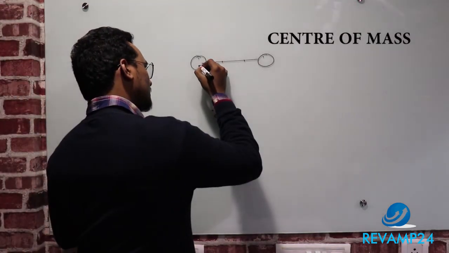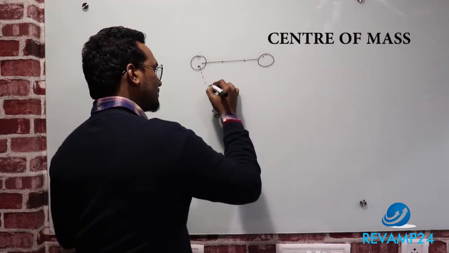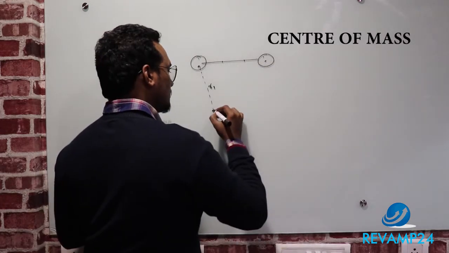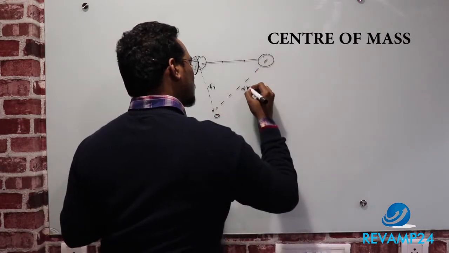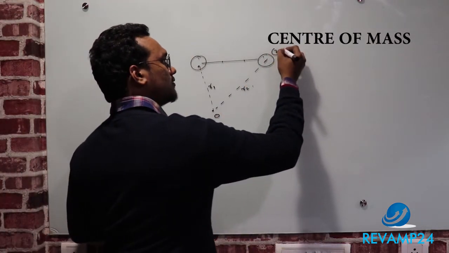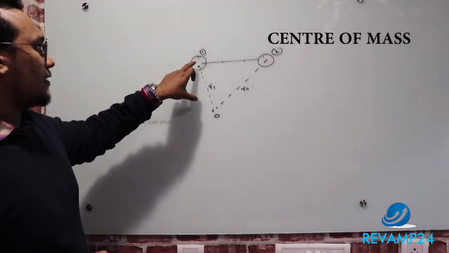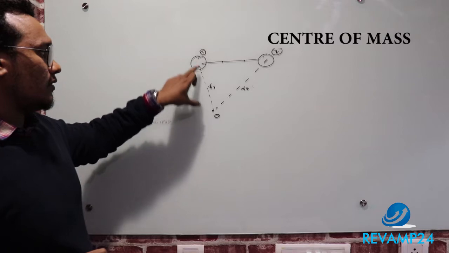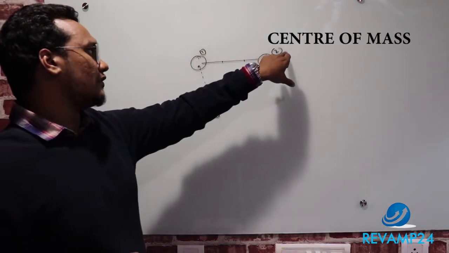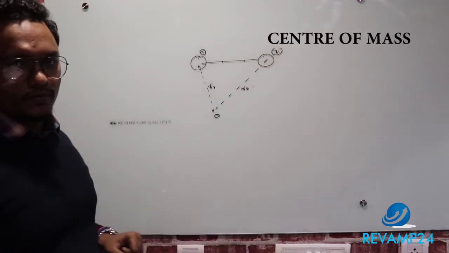This mass is R1 distance away from the point O, and this mass is R2 distance away from the point O. So the distance between mass 1 and the point of reference is R1, and the distance between mass 2 and the point of reference O is R2.